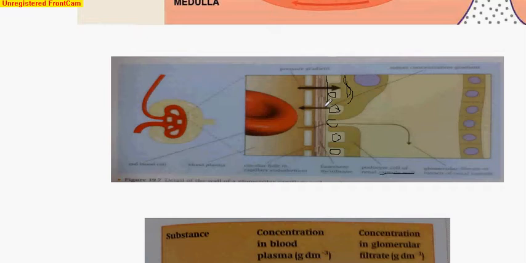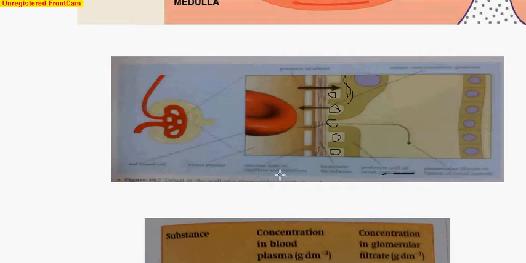And then we have this another region, this one. We may need a ruler for this region over here. This region is called the basement membrane. And then we have the capillary endothelium.